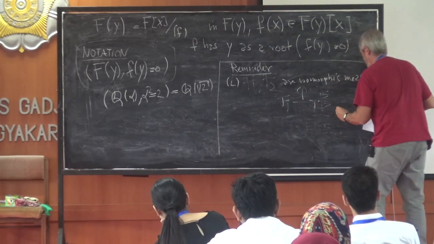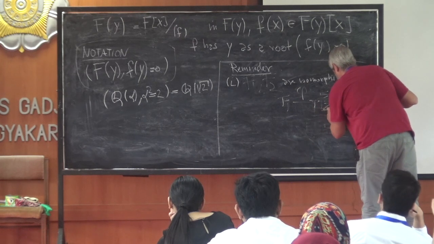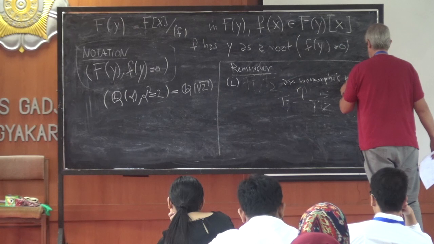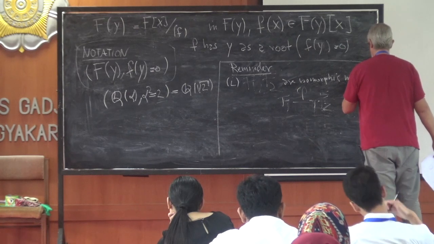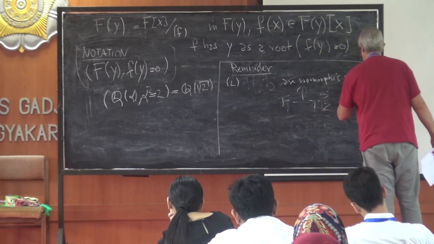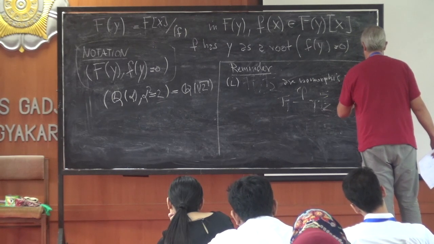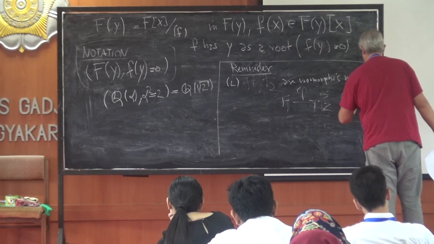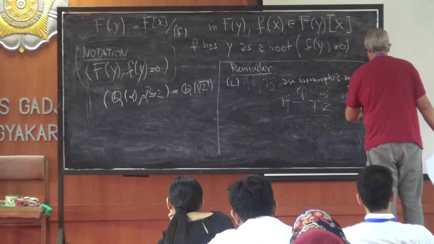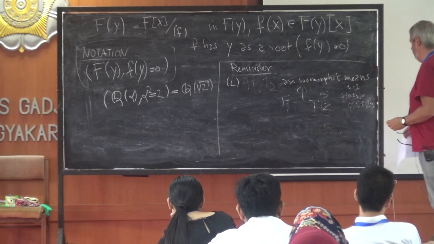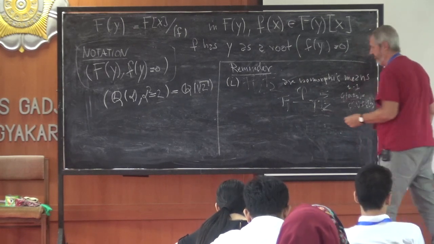So there is this mapping, and this mapping is 1-to-1, so it's bijective, and then respects the operations. Okay, so this is the definition of isomorphism.